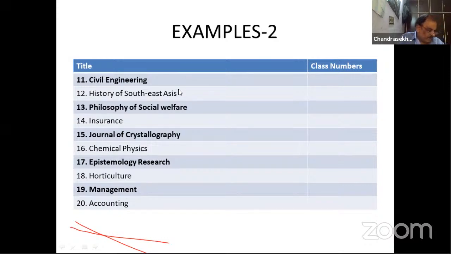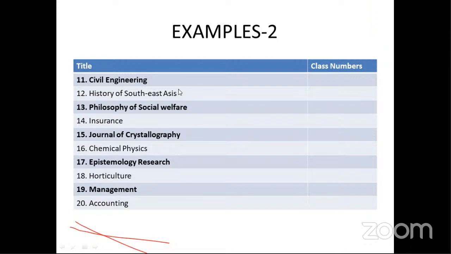It's not here, not even under physics, and not under chemical either. So then what do you have to do? Then you give the broad number. What is the broad number? The physics number. You can give that in such cases. 530. 530 you can give.